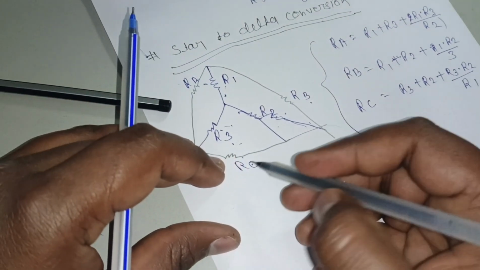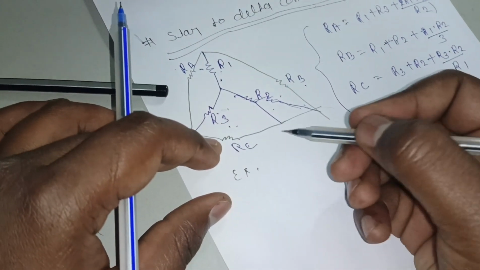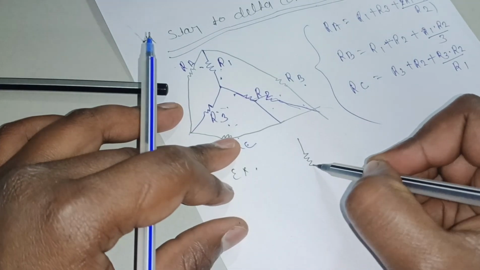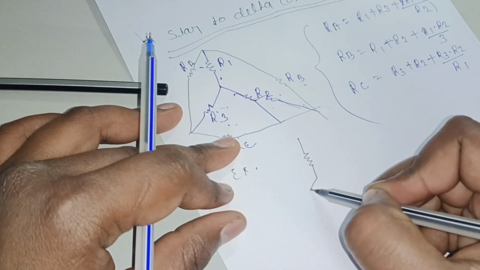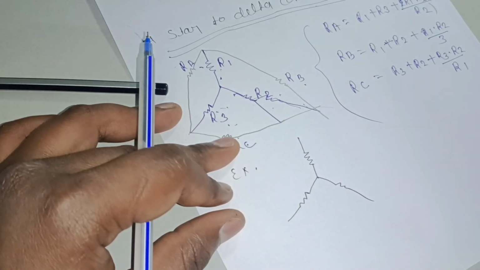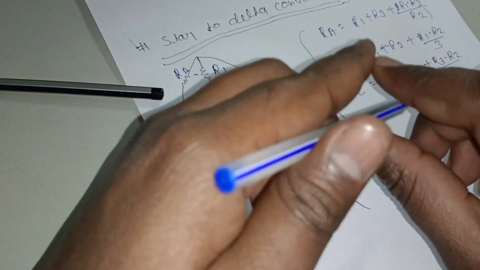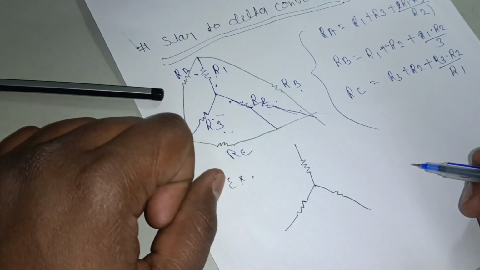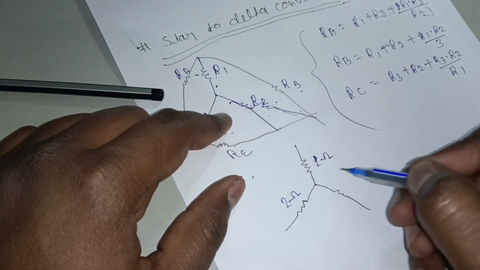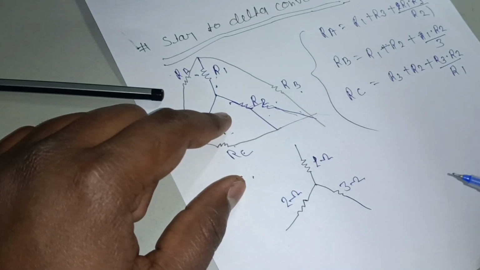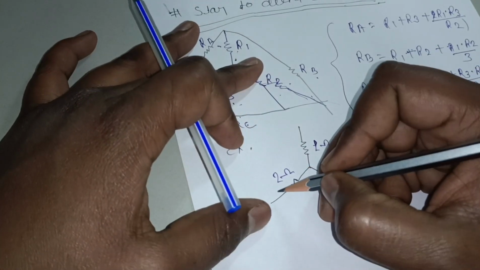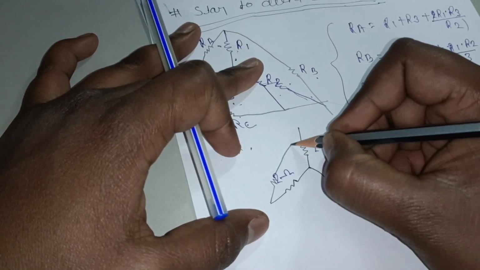Okay, now let's see the example. Suppose we have an example of 1 ohm, 2 ohm and 3 ohm. We will change it into delta.